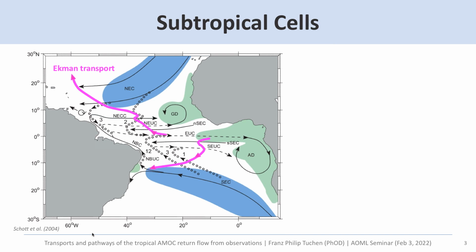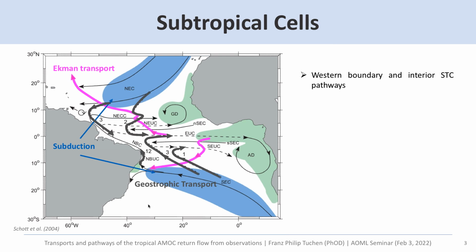So again, we have the Ekman transport in the surface originating in the tropical or equatorial bands, and then leading to this poleward, westward transport of water masses at the surface. Then we have these subduction areas along the equatorward branches of the subtropical gyres, so the NEC and the SEC. And what is maybe most interesting in this plot is the different pathways of geosteric transport at thermocline level.